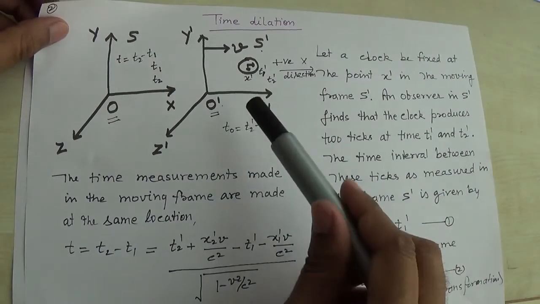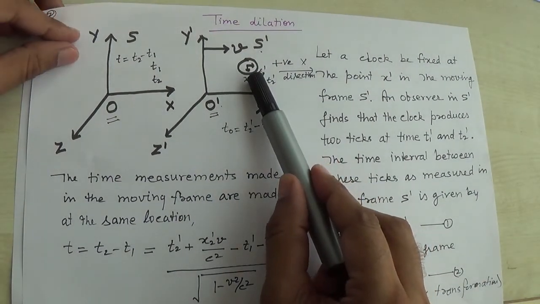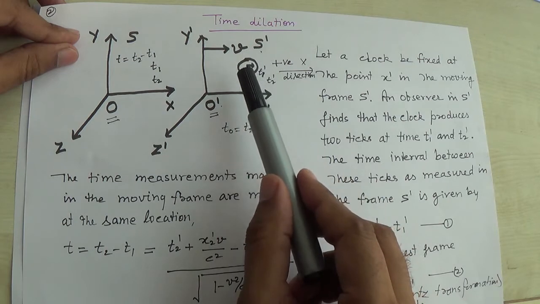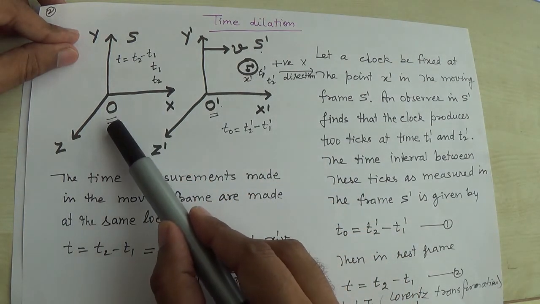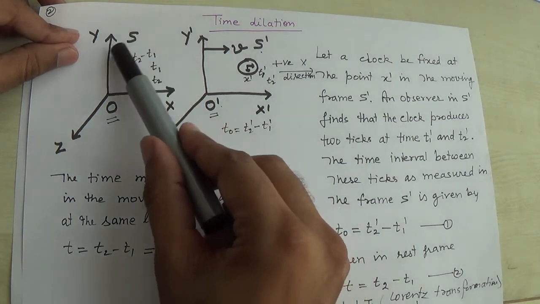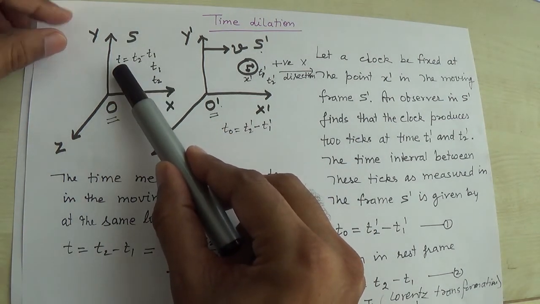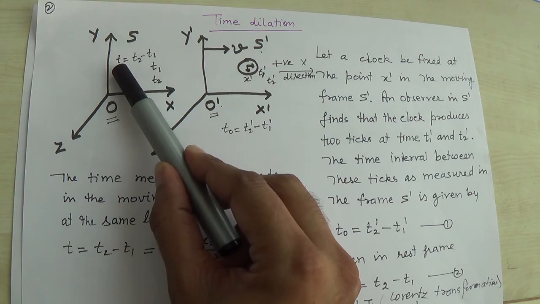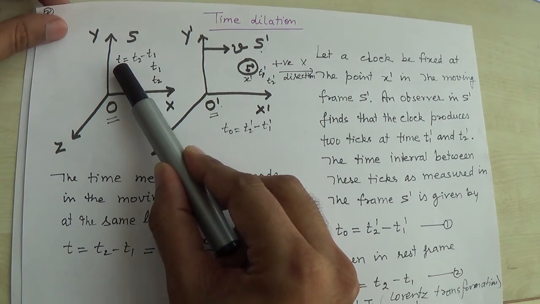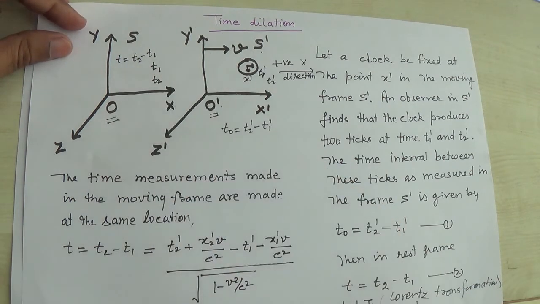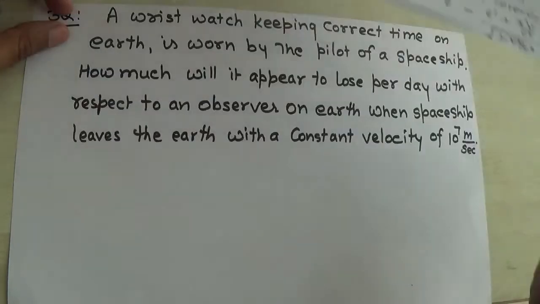So clock is in moving frame. The time of this clock is to tell by this observer, right? So it means we have to find out the time, this t, according to the observer O or O prime. So this is the situation.